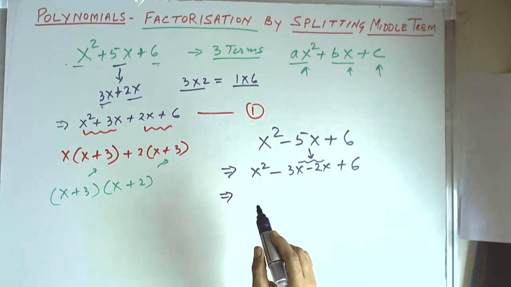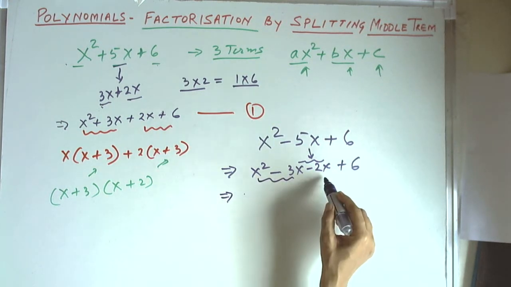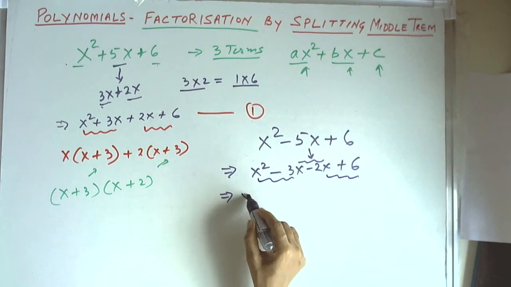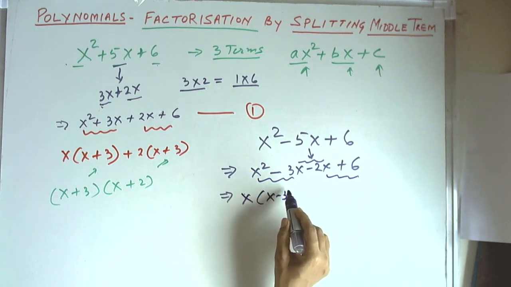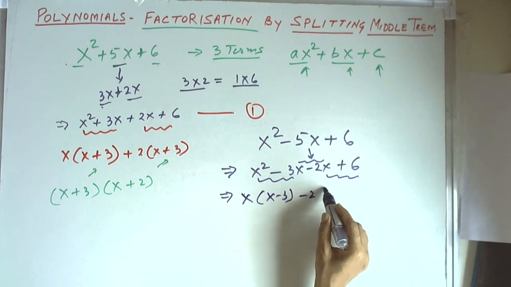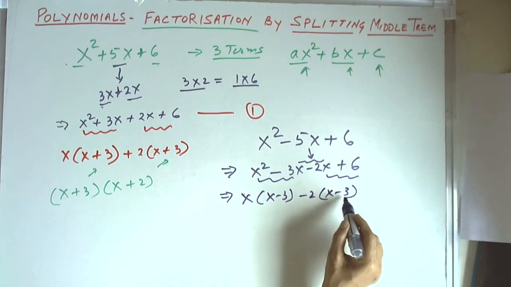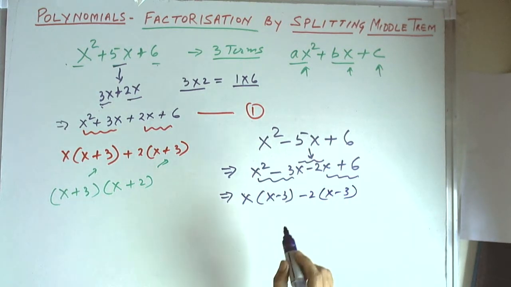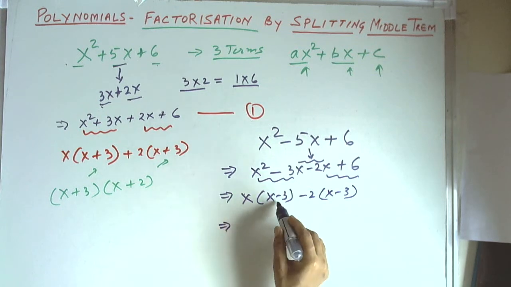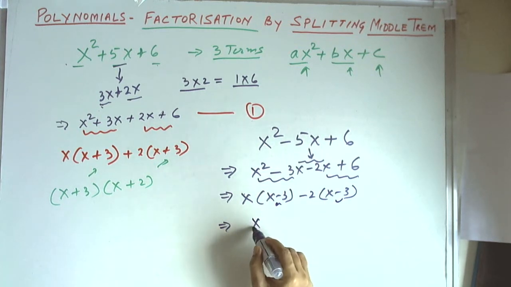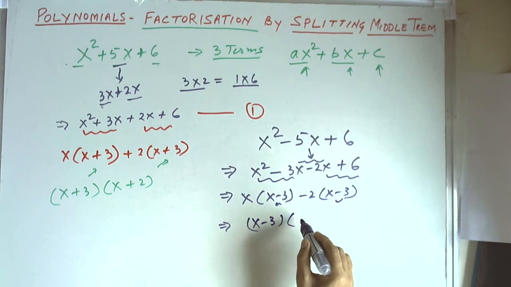So again we do the pairing and take the common factor. This will become x minus 3, and then minus 2, again x minus 3. And what do we find? Again x minus 3 is common. So x minus 3 into x minus 2.